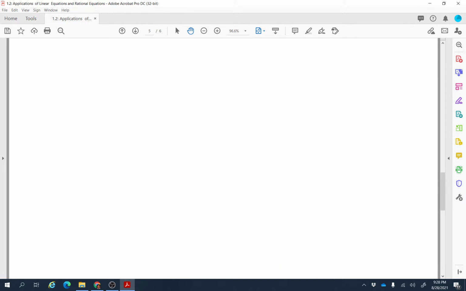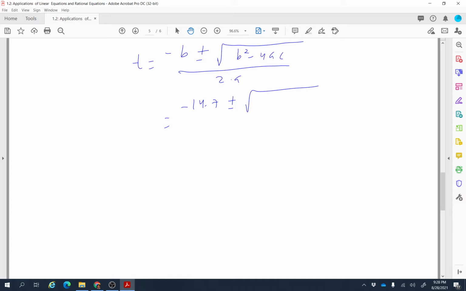Now we're going to use the quadratic formula, which is time t equals -b plus or minus the square root of b squared minus 4ac, divided by 2 times a. So in our case, b is -14.7, and b squared, negative 14.7 squared, would be 216.09, minus 4 times a times c.